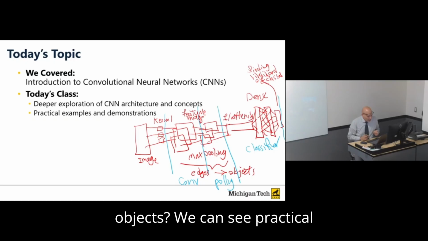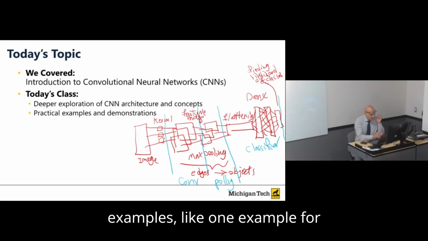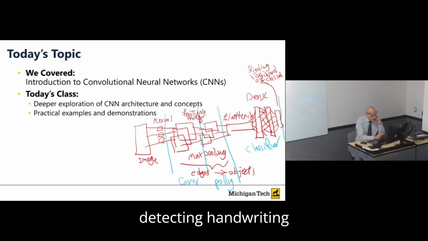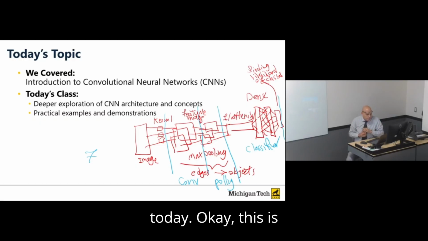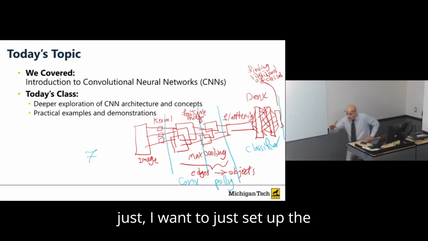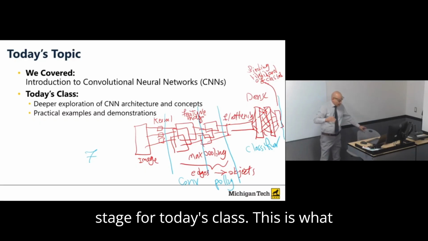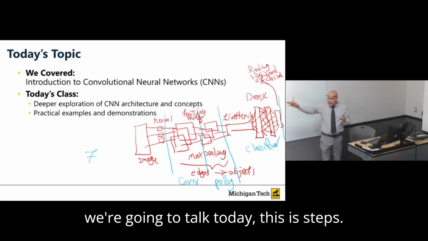We can see practical examples today, like one for detecting handwritten numbers and one for image processing. I just want to set up the stage for today's class. These are the steps.